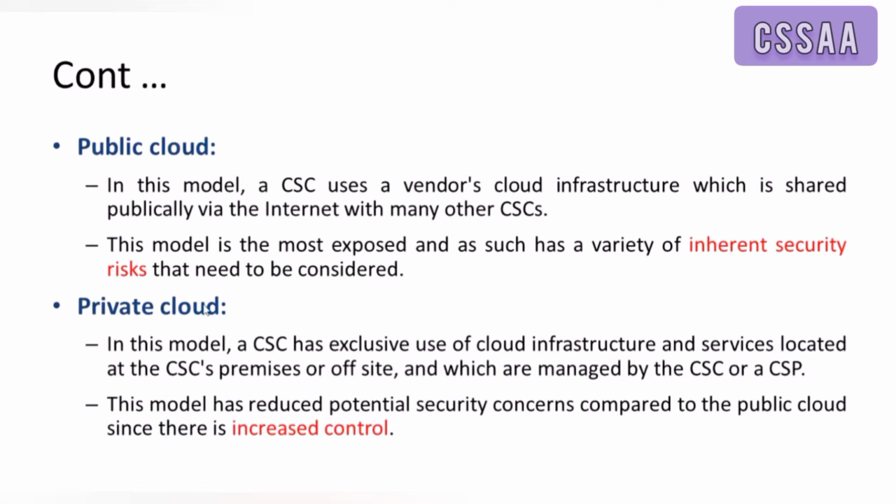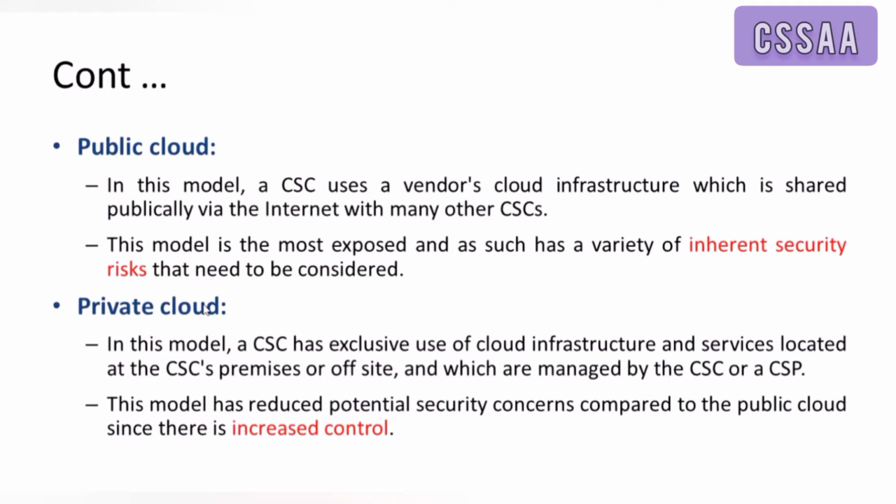The second model is the private cloud. Private, we can understand by looking at the name itself. In this model, a CSC, that is cloud service customer, has exclusive use of cloud infrastructure and services located at the customer's premises or offsite, and it can be managed by the CSC or CSP, purely for a particular customer only.